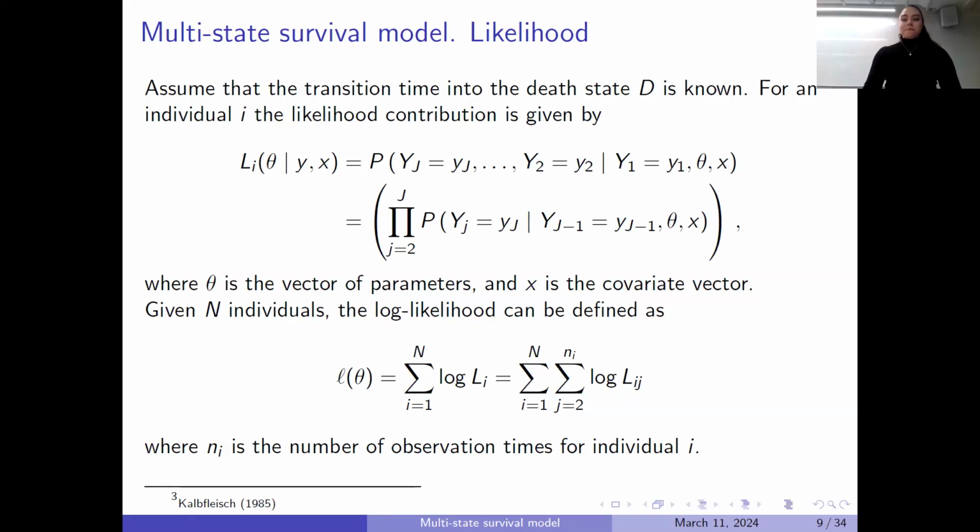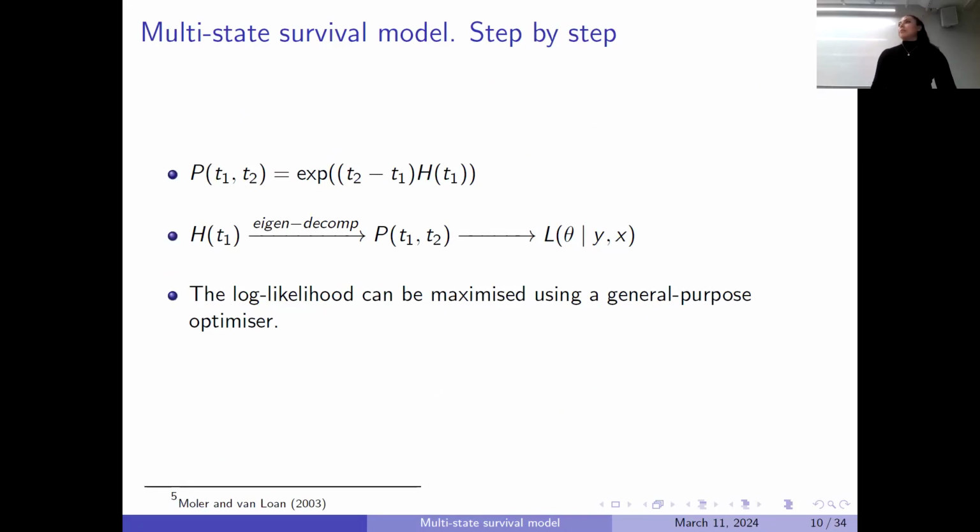Right. Okay. So this is a brief summary of the first 10 slides that I talked about. We have the probability transition matrix. How we compute that: we define the hazard transitions, therefore we define the generator matrix that's indexed with the H. And that way we get the probability transition matrix for a given interval of time.